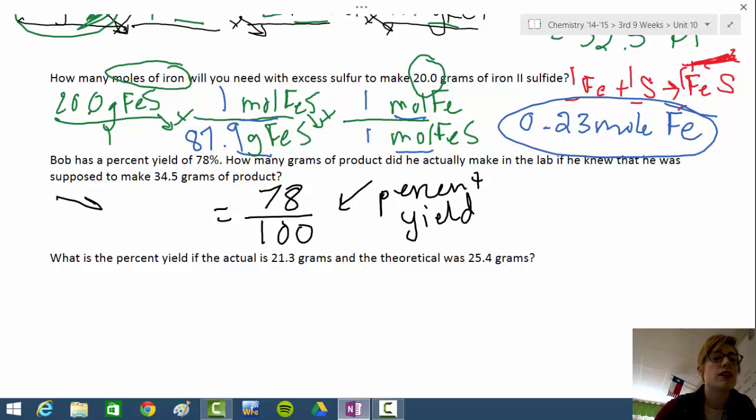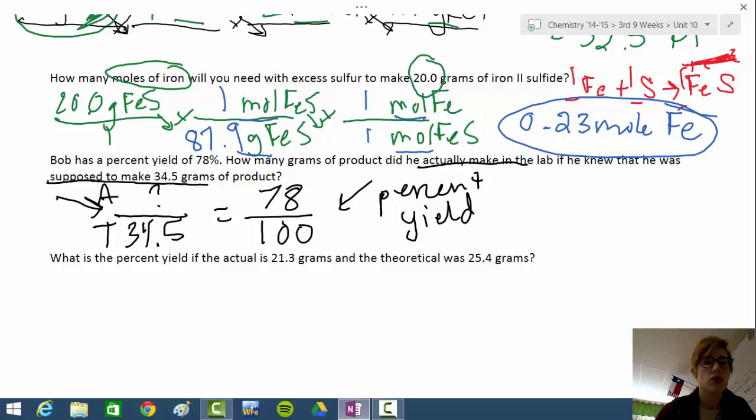And over here, I have my formula. Remember, it's actual divided by theoretical. So his actual, we don't know. That's what we're trying to find. How much did he actually make in the lab? When he was supposed to make 34.5, that's my theoretical, because it says he was supposed to make that much. So really, I have x, which is the actual, divided by the theoretical, which is 34.5, equals my percent as a fraction.